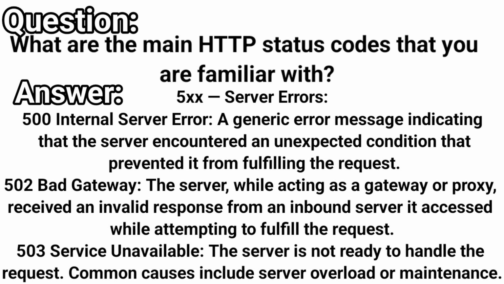The server, while acting as a gateway or proxy, received an invalid response from an inbound server it accessed while attempting to fulfill the request. 503, service unavailable. The server is not ready to handle the request. Common causes include server overload or maintenance.